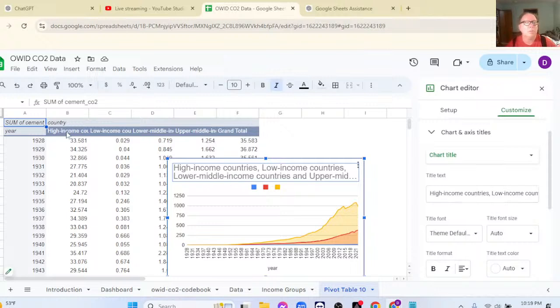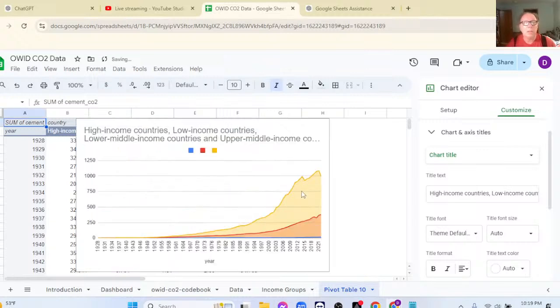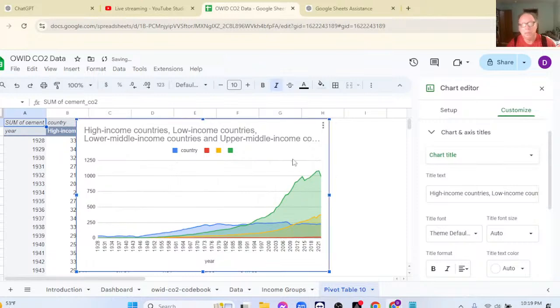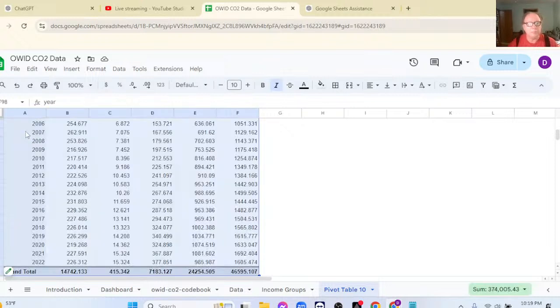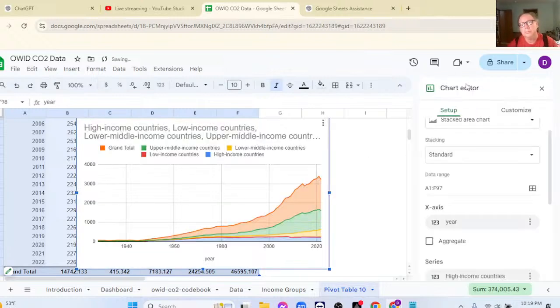Okay, because there should be 1, 2, 3, 4 countries up here. Or no, there should be what? 1, 2, 3, 4. Yeah, there should be 4. Let's try this. Okay, this is better. So here's what we're looking for.